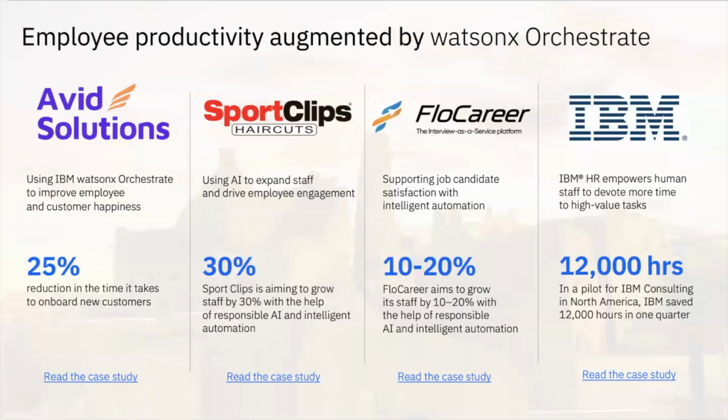Who else is using watsonx Orchestrate? We have many clients. These are samples of the clients that are using watsonx Orchestrate, and these are some numbers that came out of using it. For example, Avid Solutions has a 25% reduction in the time it takes to onboard new customers. Customer onboarding is a popular use case across all industries.